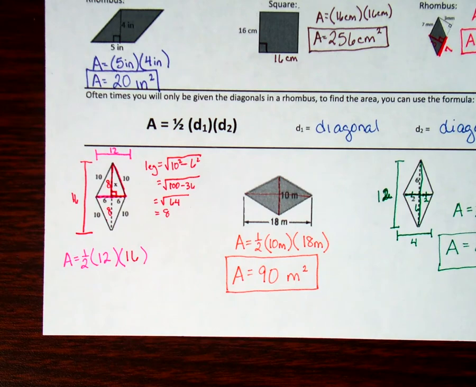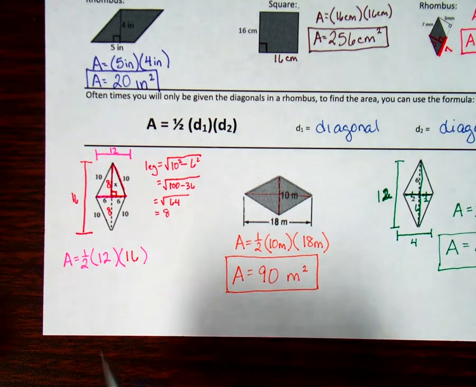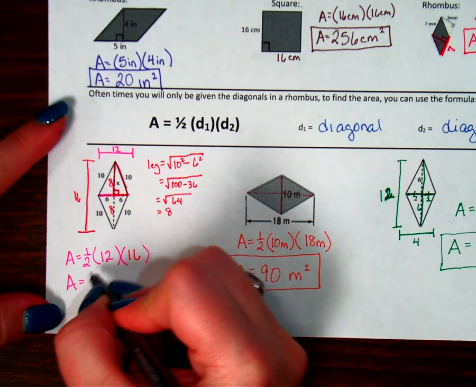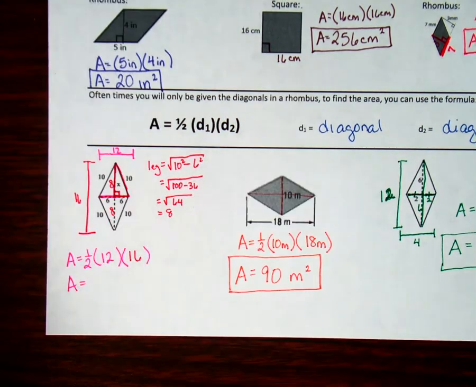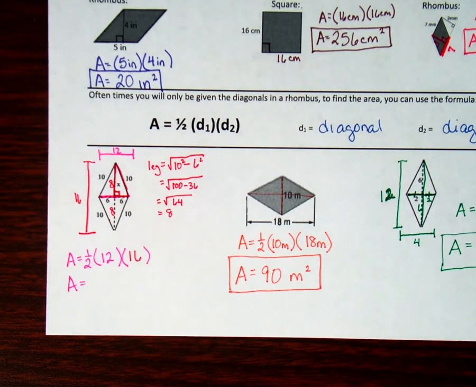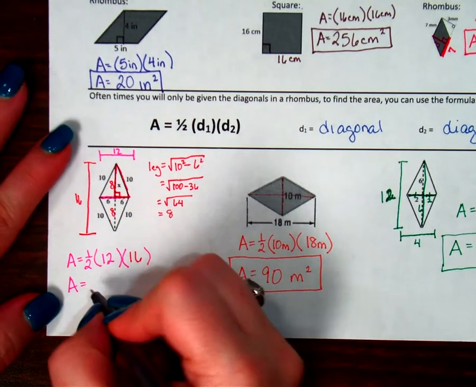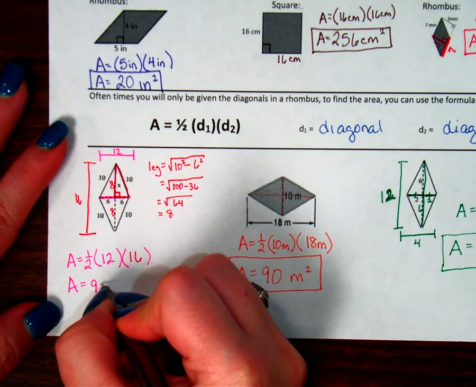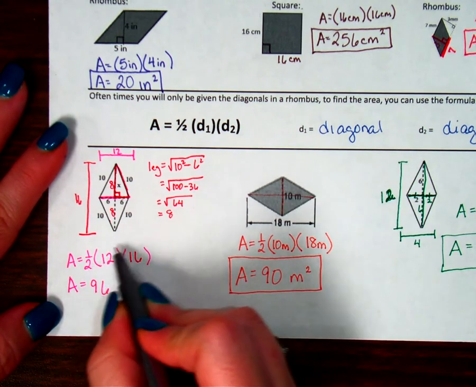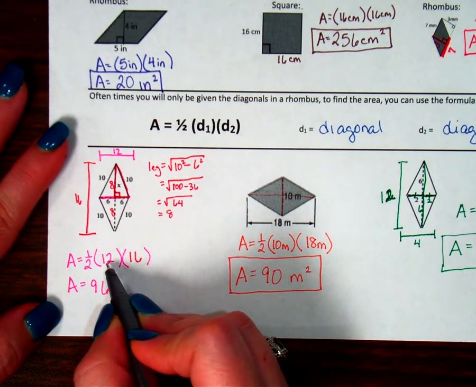Okay. So from there, I really do have 3 different methods that I could solve this, because I can do half of 12 is 6, and 6 times 16 is 96. Or I could do half of 16 is 8, and 8 times 12 is 96.